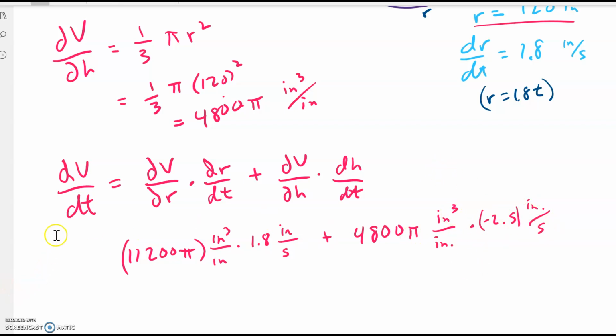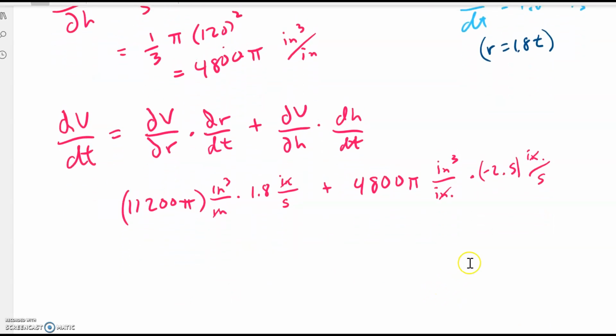And so dV/dt, cubic inches per second, is equal to cubic inches per second plus cubic inches per second. So at this point, inches cancel there, inches cancel. Everything is now cubic inches per second, and just add these together. Well, actually, this is the negative. I got negative 2.5 times 4,800 pi. I'll let you do the arithmetic on your own, and it turns out to be 8,160 pi.